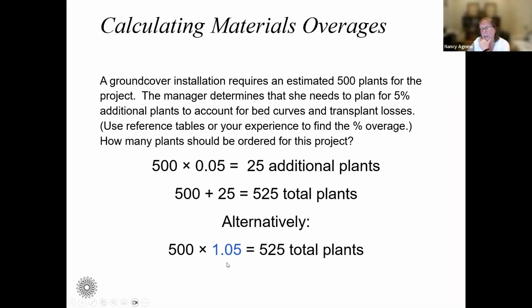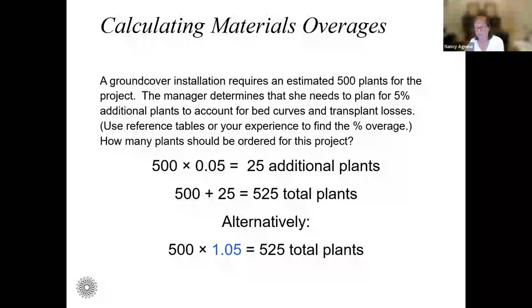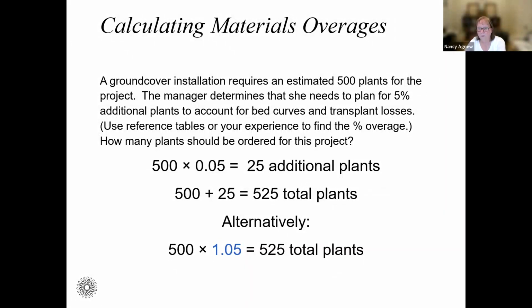So what that's going to give you is one whole 500 and then another 5%. So if you run that through your calculator, you'll find it's 525 total plants. You can use that for sales tax too, or tips. Well, no, can't use it for tips, but you can use it for doing a quick calculation of sales tax. So anyway, that's two ways of calculating the same thing.